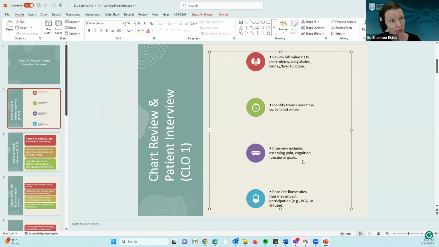They talk about the FLACC in there for someone with a severe brain injury that is non-communicative. I'm going to use the FLACC to determine if I think what I'm doing is causing pain. You look at their cognition, you're going to assess their functional goals. You can ask family if they have goals for them, if it's someone that can't communicate that. And then you're always considering the lines and tubes that may impact the participation.